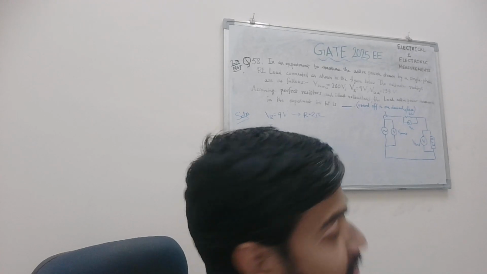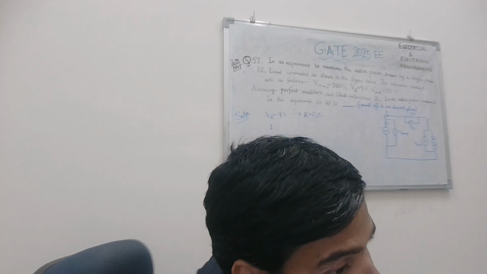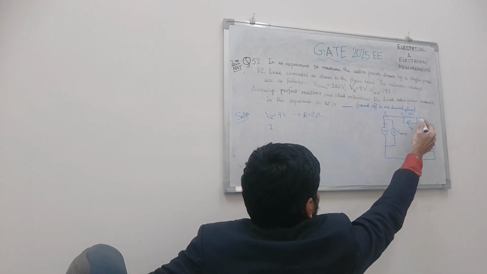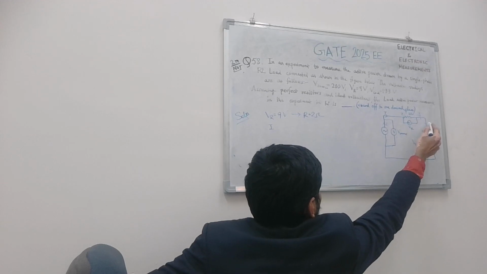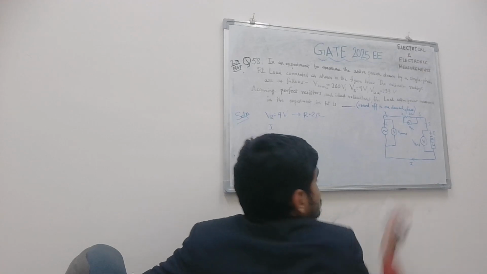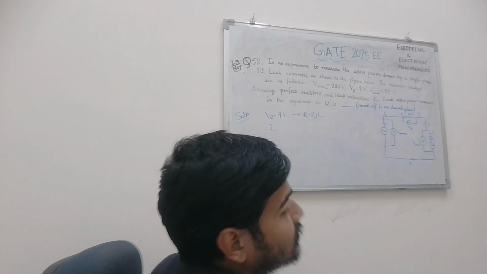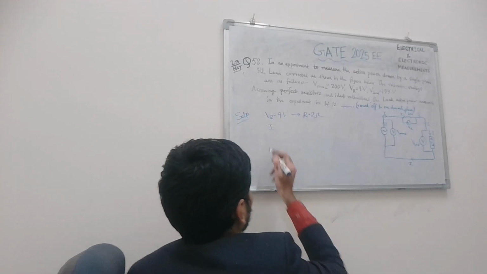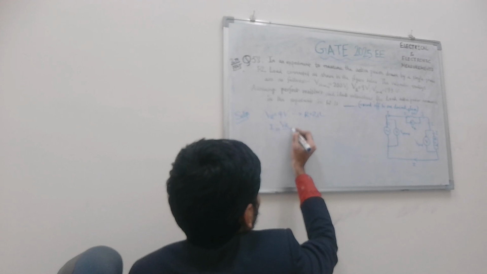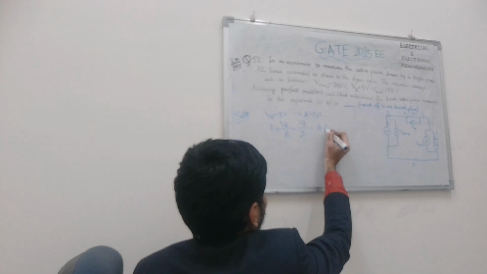An ideal voltmeter has infinite resistance, that's why no current flows through it. So the current path will be like this, flowing in the series circuit. We can find the current very simply by taking the ratio of the voltage across the resistor by the resistance value. It is 9 by 2, that is 4.5 amperes.